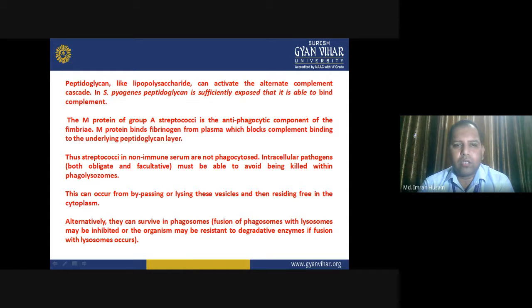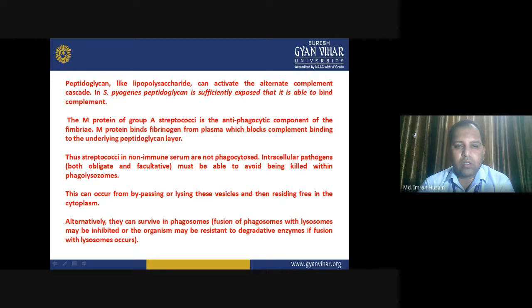Thus, streptococci in non-immune serum are not phagocytosed. Intracellular pathogens, both obligate and facultative, must be able to avoid being killed within the phagosomes.